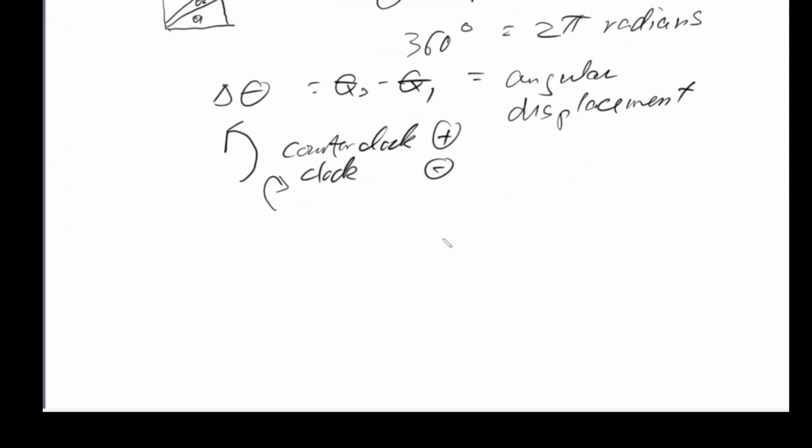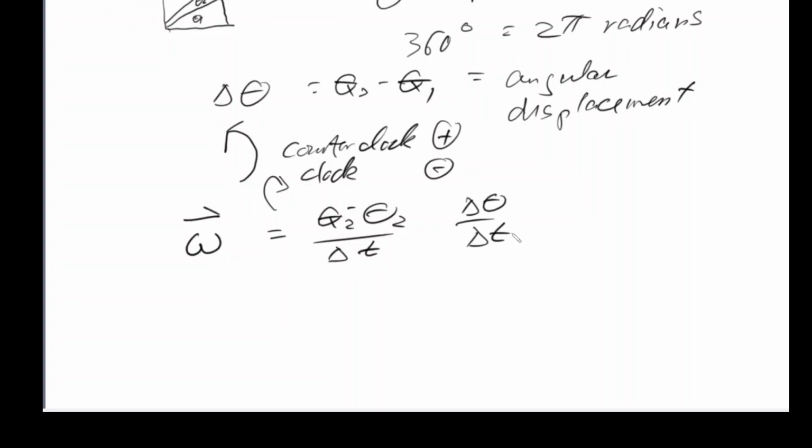Now, we have a term called angular velocity, which is little omega, and that's equal to the change in our angle over the change in time, or delta theta over delta t. And the units for that is radians per second. So this would be your average angular velocity.